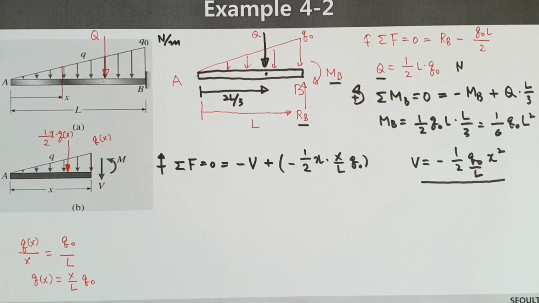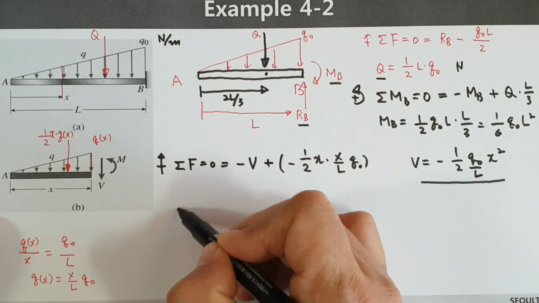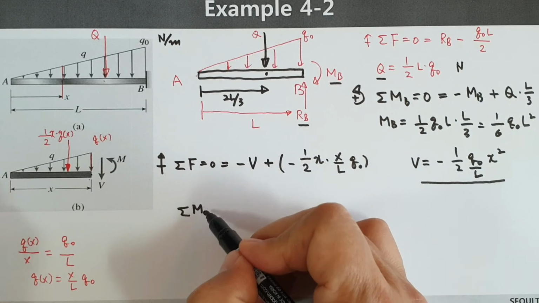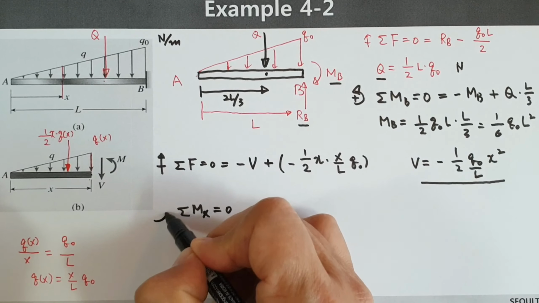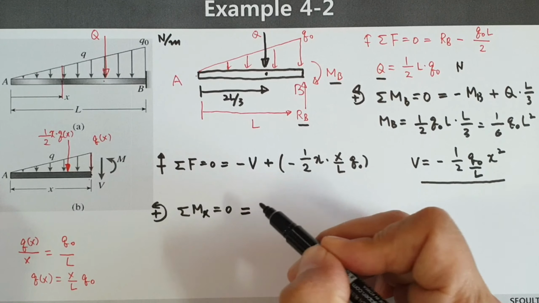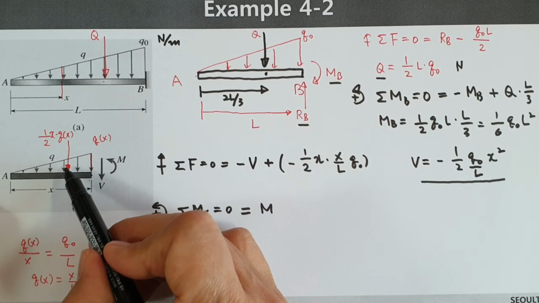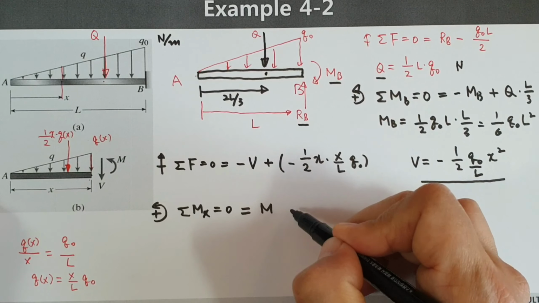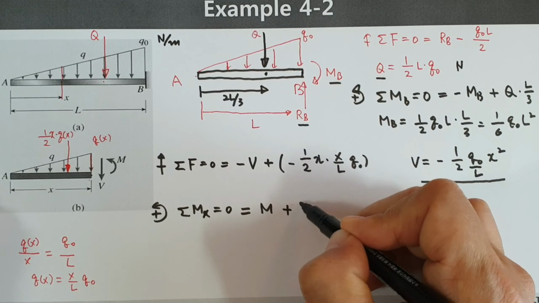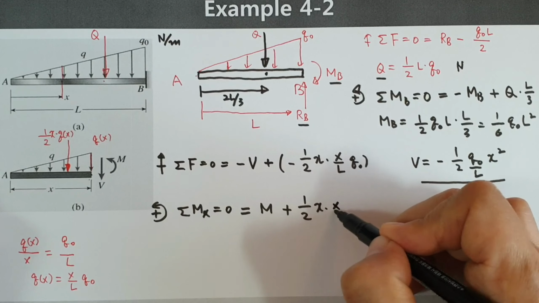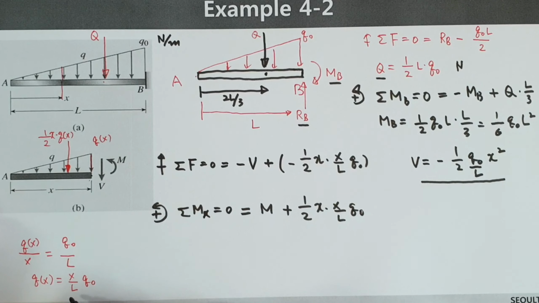Next step, we would like to calculate bending moment. Okay, let's apply bending moment M around this point. Let's think about this direction is positive. Then moment M, V is deleted, and when you consider this amount, it's positive 1 over 2 X QX, X over L Q0.